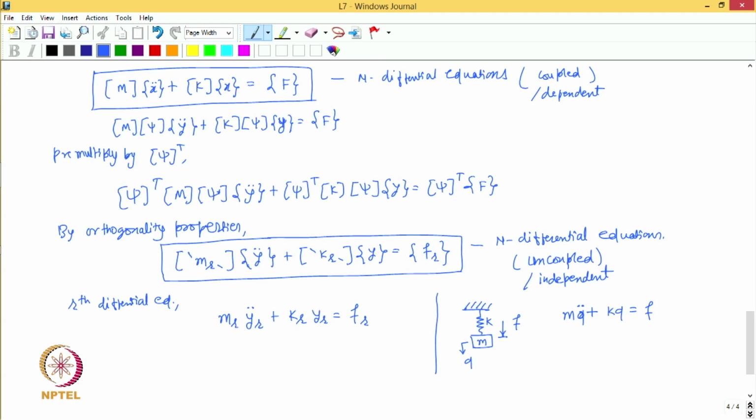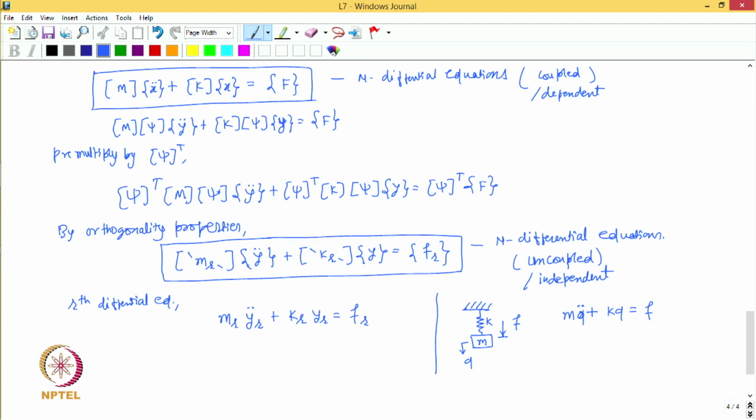And now if you compare this rth differential equation with this differential equation of a single degree of freedom system, we see a great similarity. This equation looks very much similar to this equation, isn't it? Based on this, we can say that the rth differential equation corresponds to the rth mode.